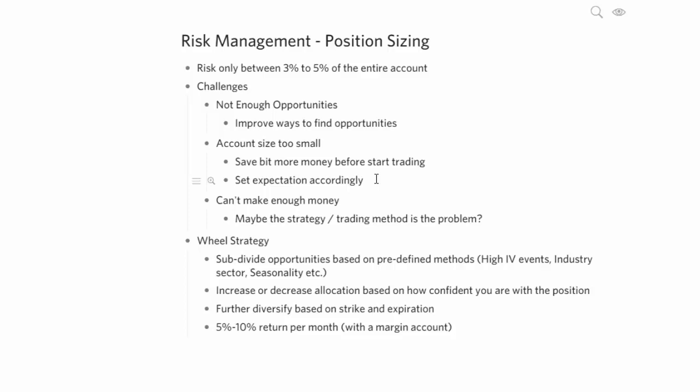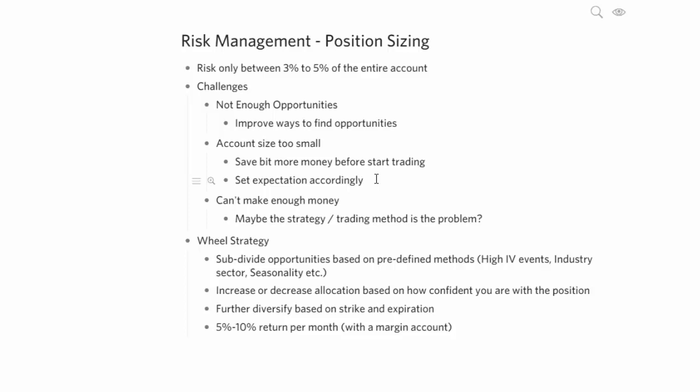So really, position sizing is to minimize the risk. And so to minimize the risk, on top of just allocating 3 to 5% of the account per trade, I also look for different types of opportunities. For example, high IV events.